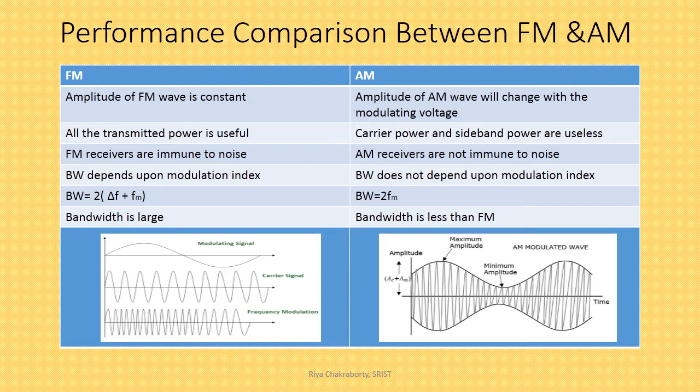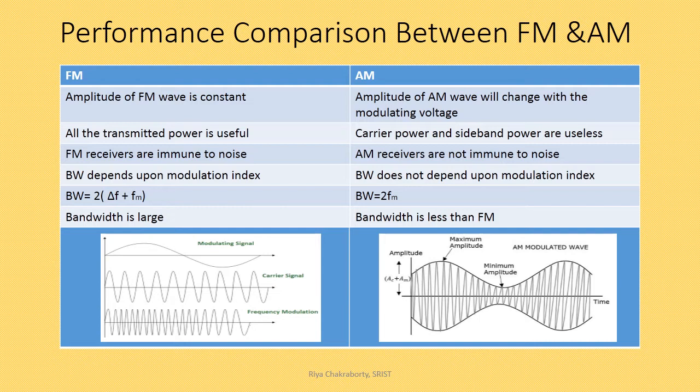So now there is a question, which is better, AM or FM? From the comparison, we can see that FM is better than AM because FM is less prone to interference than AM. FM has better sound quality due to higher bandwidth.